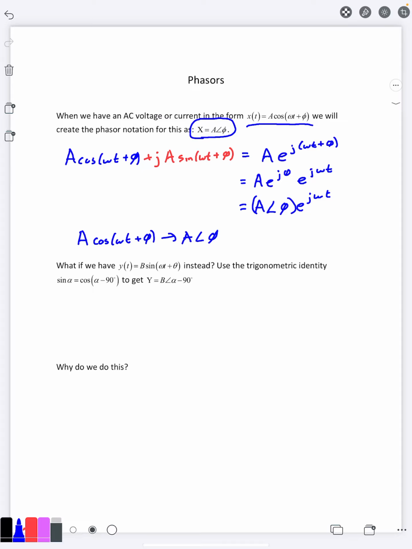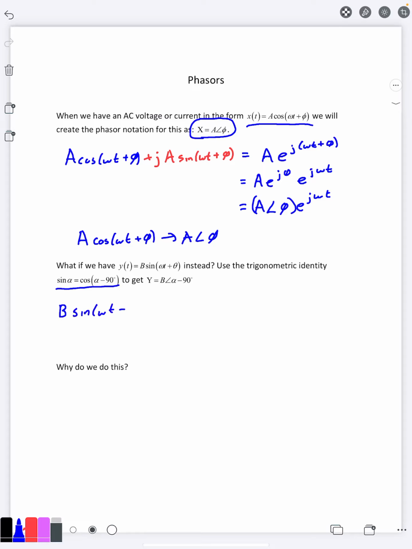On the other hand, what if we don't have a cosine? What if we have a sine? Well, that means we already have this kind of imaginary part but without the j, and it'd be a big hassle. But there's a better way to do it. We know from trigonometry that sine of an angle is the same as cosine of the angle minus 90.